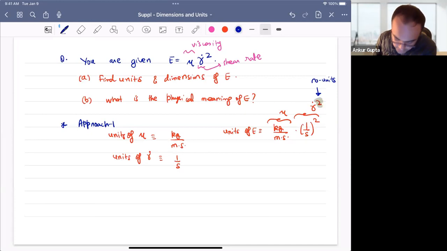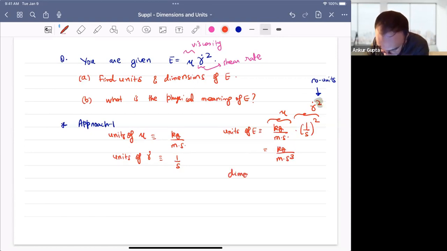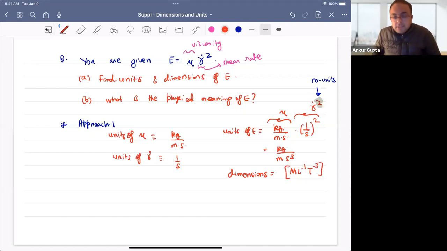So essentially from this answer, you get kg per meter second cube. So that is one approach. And from dimensions, you remember dimensions are always in MLT. So this becomes mass, length inverse, time to the power minus three. So this is one approach, and it works.